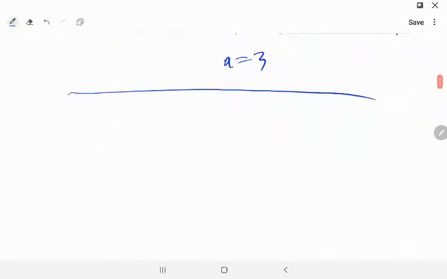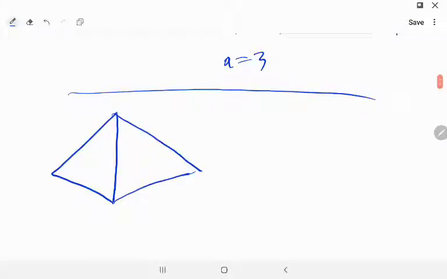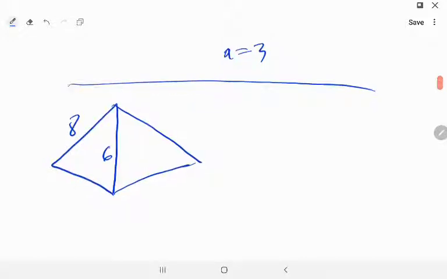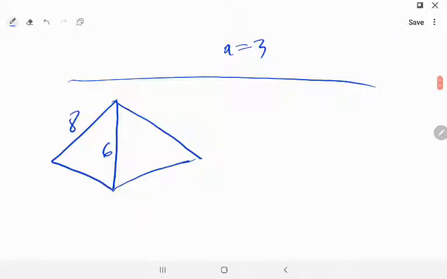You'll sometimes see things where you've got a common side. So if we had something like this, where we have a common side, let's make this 8 and 6.